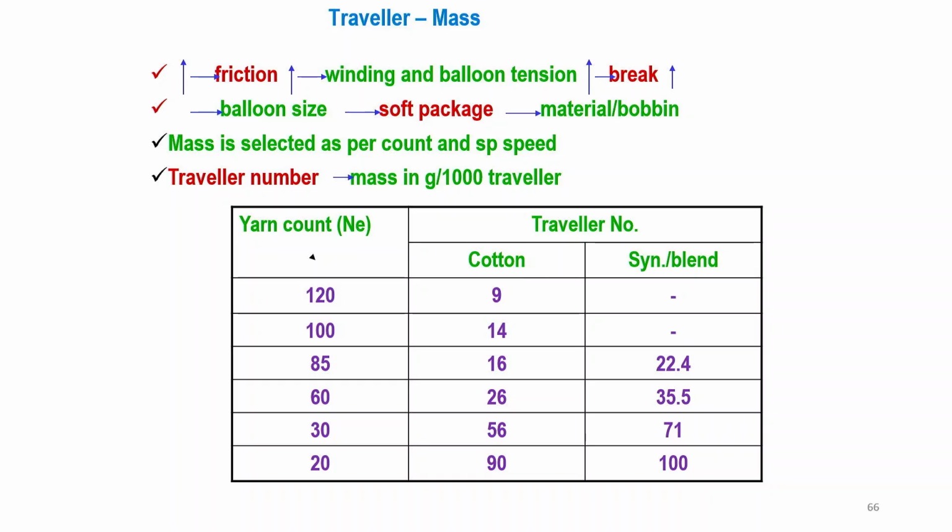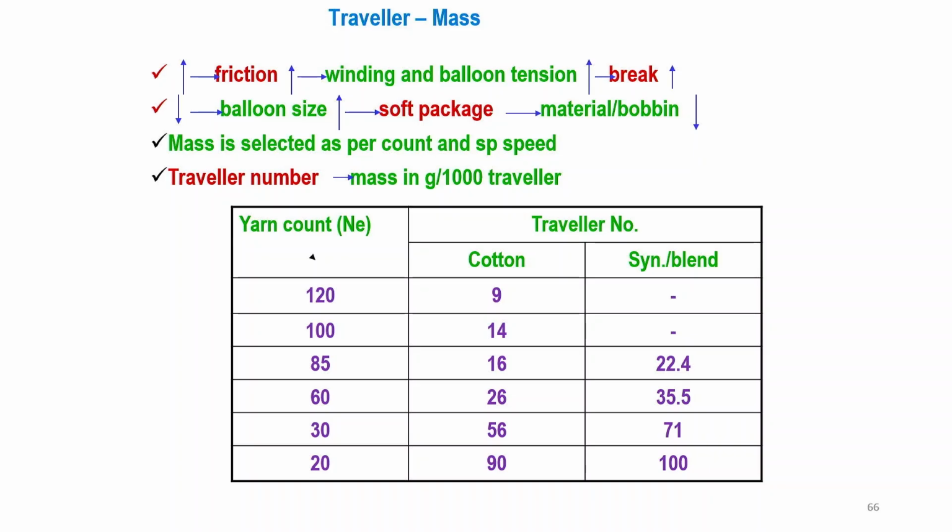Now, if the traveller mass increases, the balloon size will increase. With the reduction in traveller mass, balloon size reduces, which increases the softness of the package, and material per bobbin reduces.